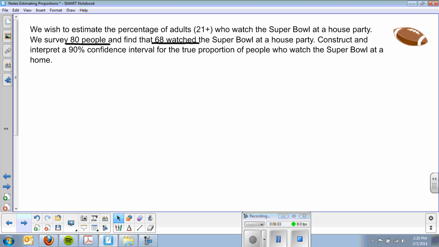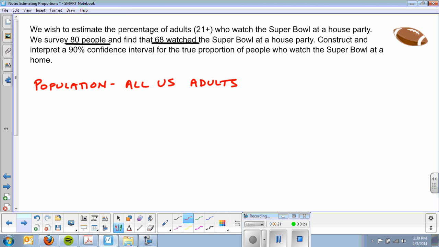Okay, so the first thing that we're going to go through is identifying the population and the parameter. The population in this case is all U.S. adults, 21 plus.